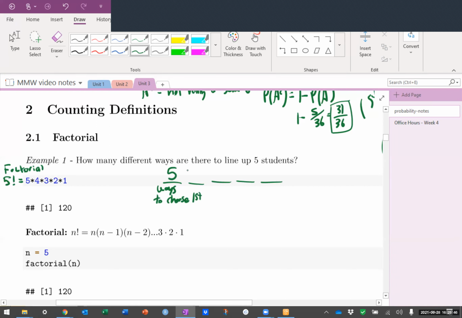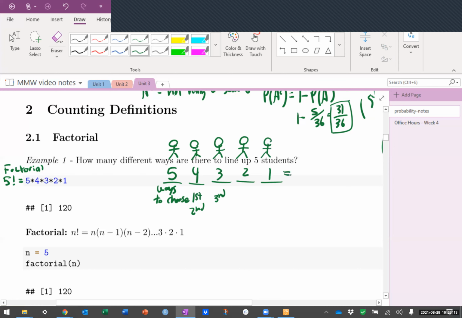After I've chosen that first person, there's 4 students remaining, so there's 4 ways to choose the second. After that, there's 3 ways to choose the third. After I've chosen 3 people, there are 2 remaining people to choose from for the fourth, and then 1 person for the last.